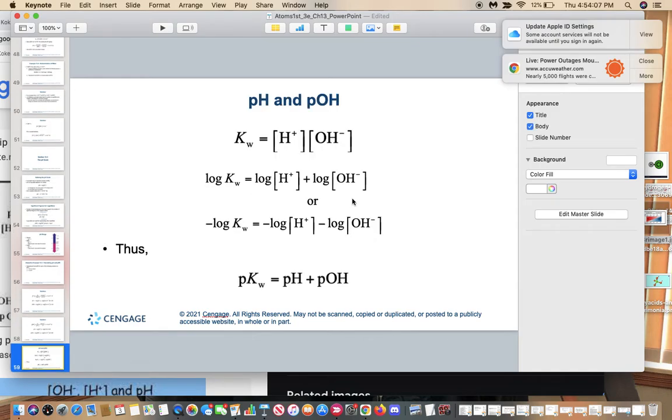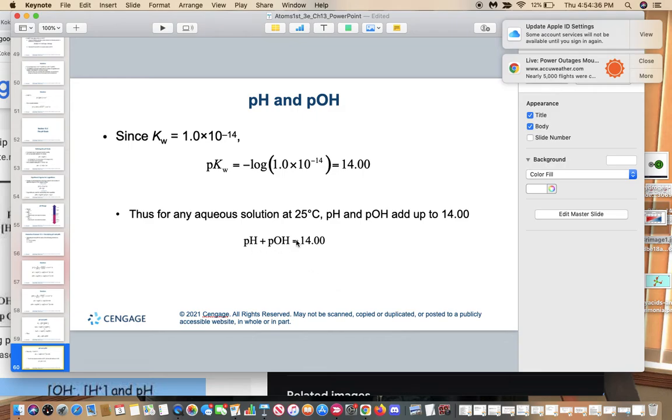And that's because Kw is H plus times OH minus. If you take the log of both sides, log of Kw, you get the log of H plus the log of OH minus. Or if you multiply both sides by negative 1, you get negative log of Kw equals negative log of H plus minus log of OH minus, or pKw equals pH plus pOH.